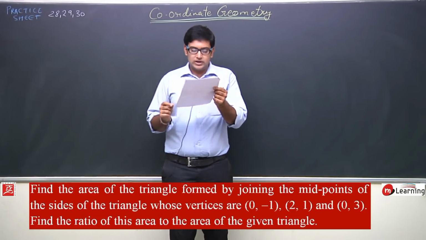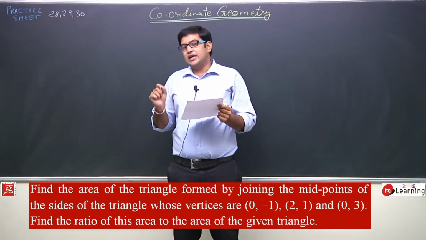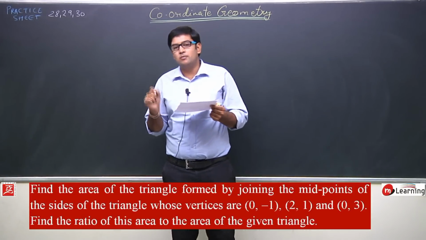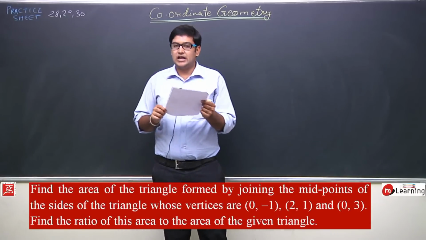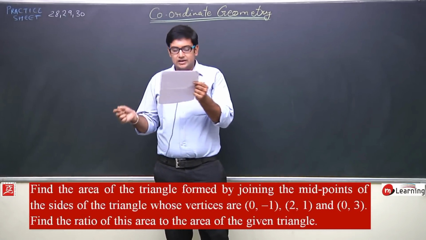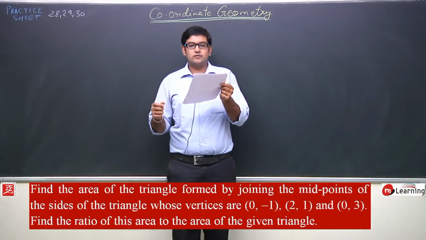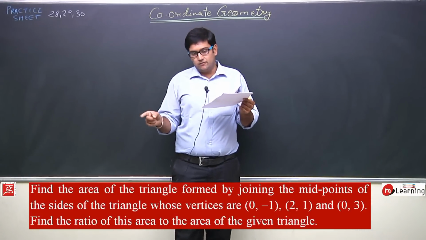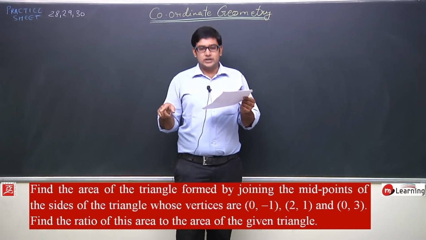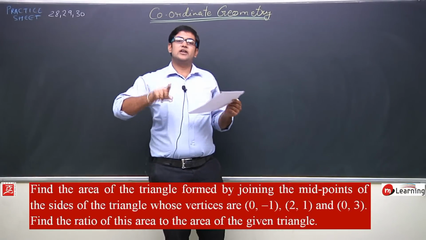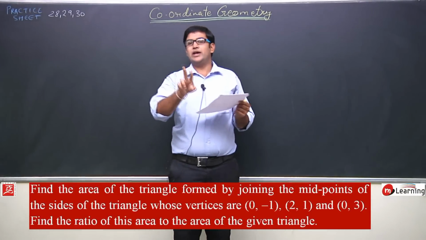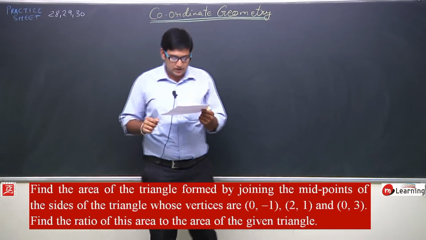So you need to determine the area of the triangle which is formed by joining the midpoints of this given triangle. Then find the ratio of this area, that is the area of the triangle formed by joining the midpoints, to the area of the given triangle. So there are two areas that we need to calculate.